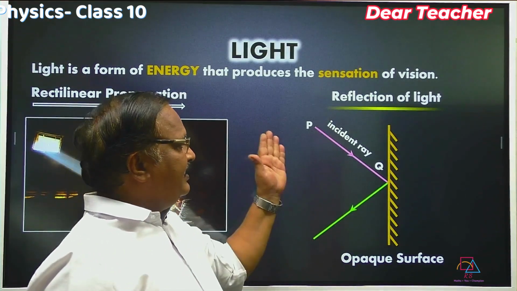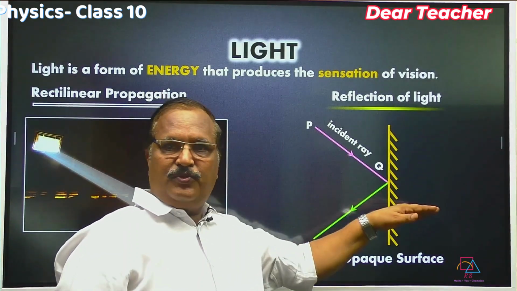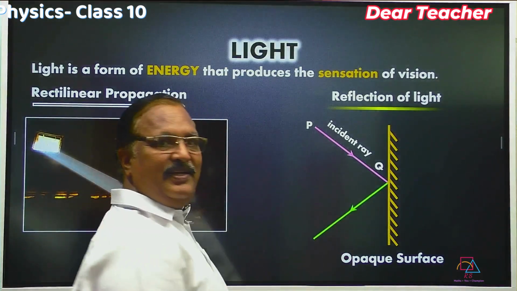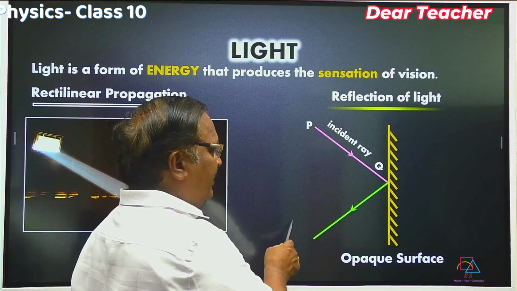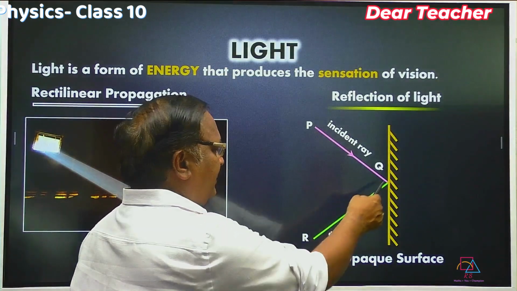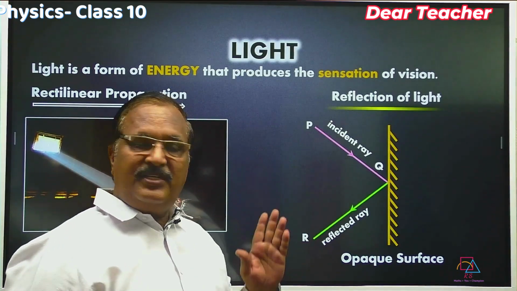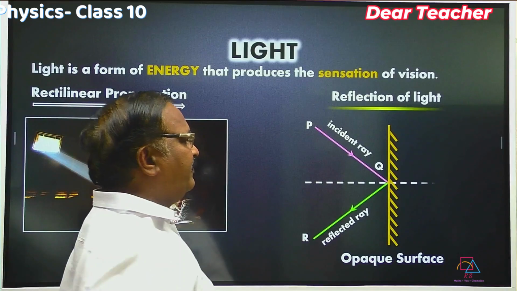So light reflects from an opaque surface because it cannot go through it, so it will reflect back. This green color ray, we call it a reflected ray. So QR is the reflected ray, PQ is the incident ray, and Q is known as the point of incidence.